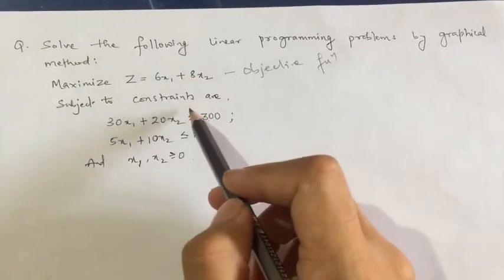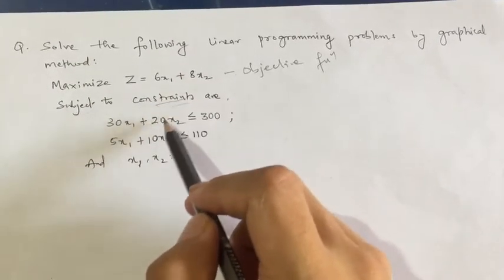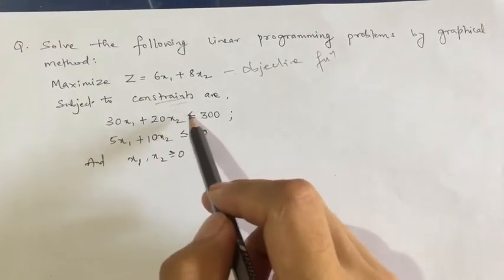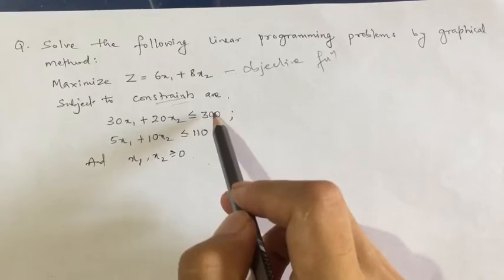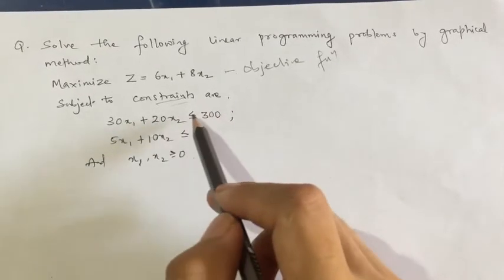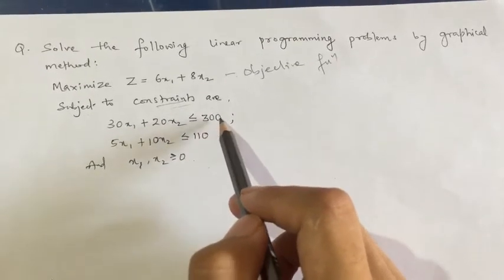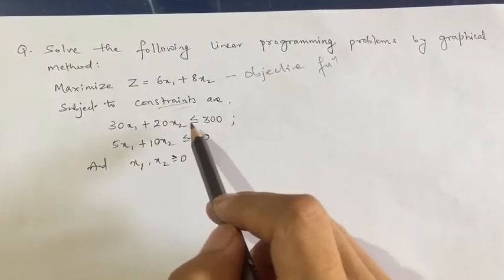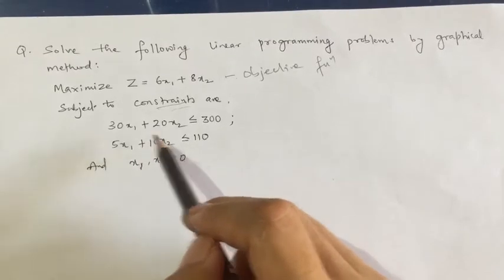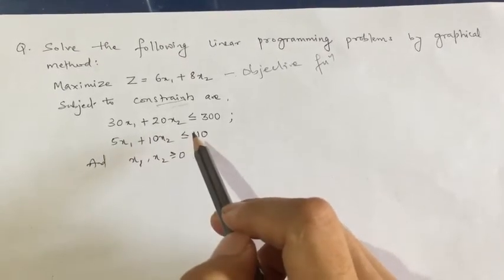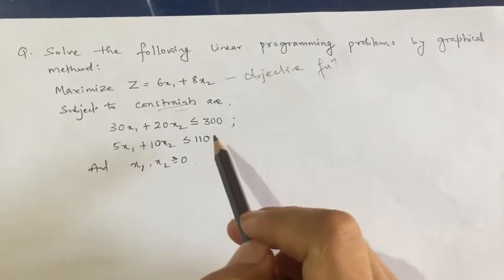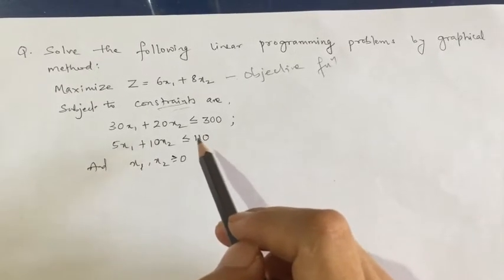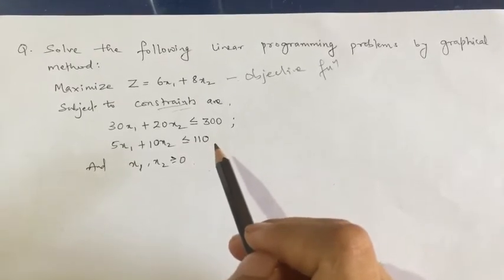Subject to constraints means conditions. 30x1 plus 20x2 should not be greater than 300; it should be less than or equal to 300. Maximum it can be up to 300, otherwise it will be less than 300. Also this must be less than or equal to 110. It cannot be more than 110, it can be 110.